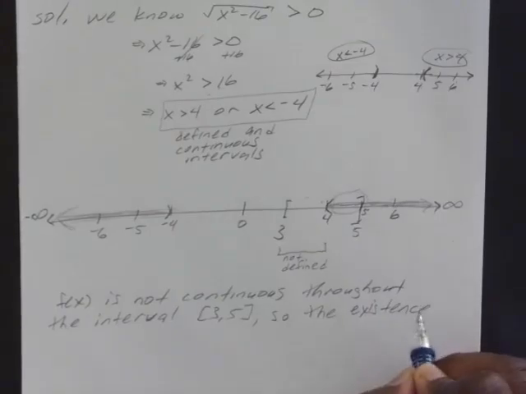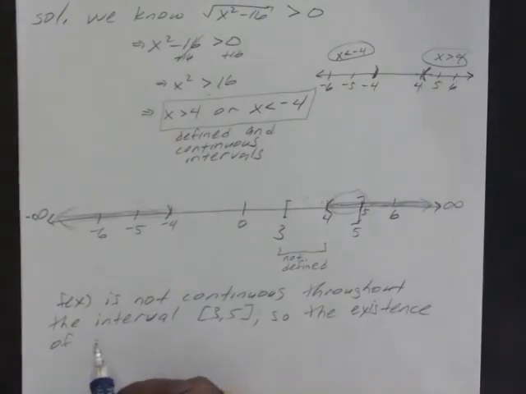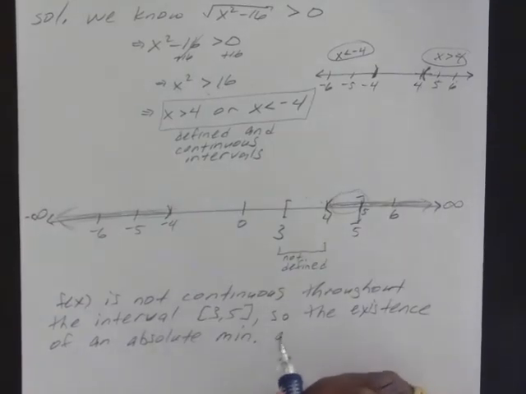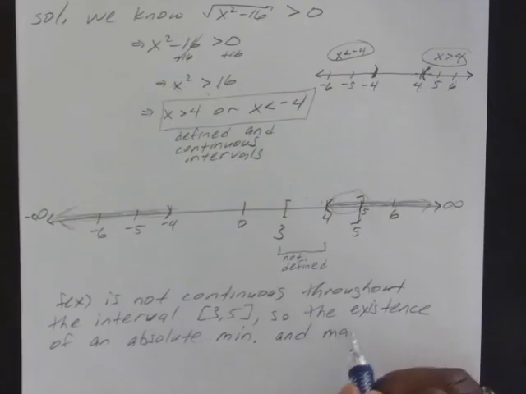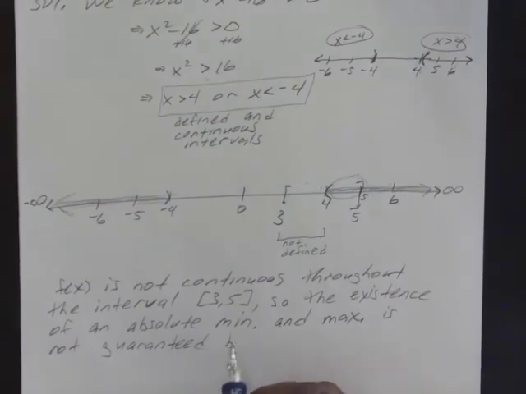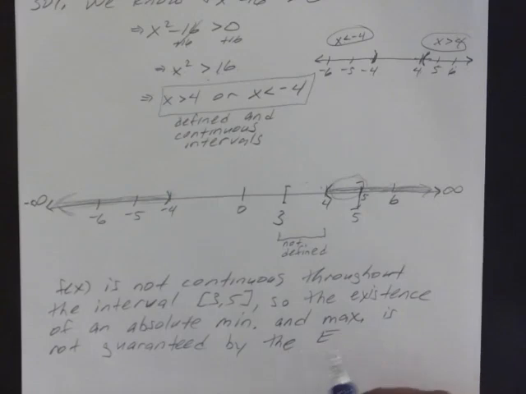So the existence of an absolute minimum and maximum is not guaranteed by the extreme value theorem.